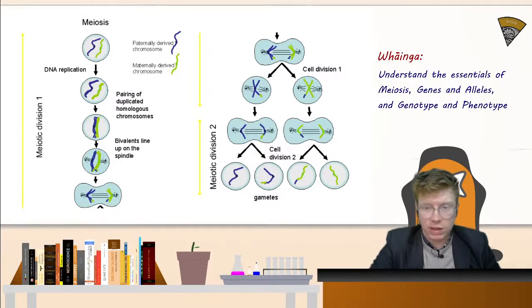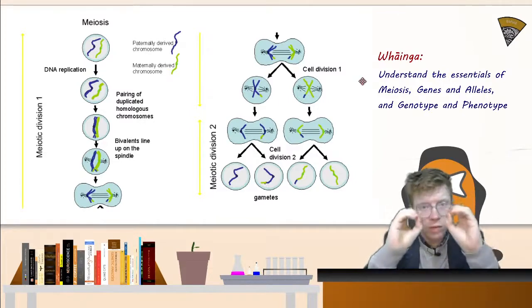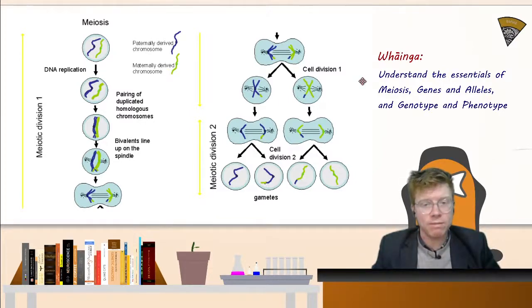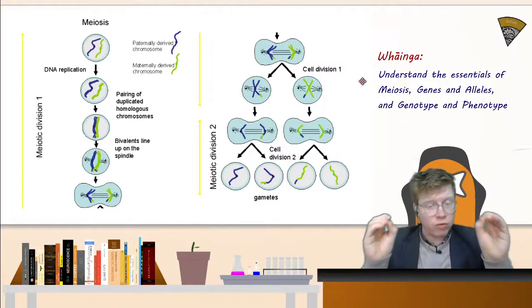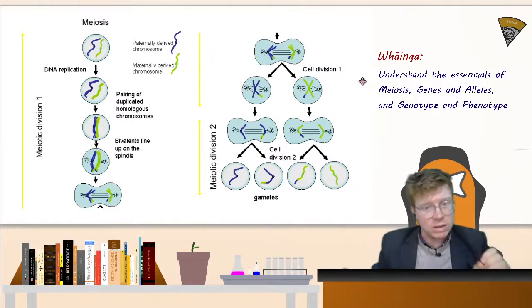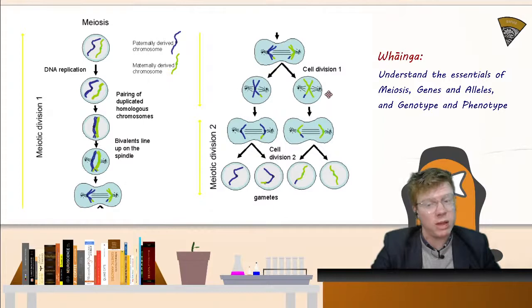You see here, we're continuing over on this side. We now have two cells, where originally we had one, each of which has half of the original chromosomes. But remember, those chromosomes are still replicated. This is the same amount of DNA, it's just doubled up.